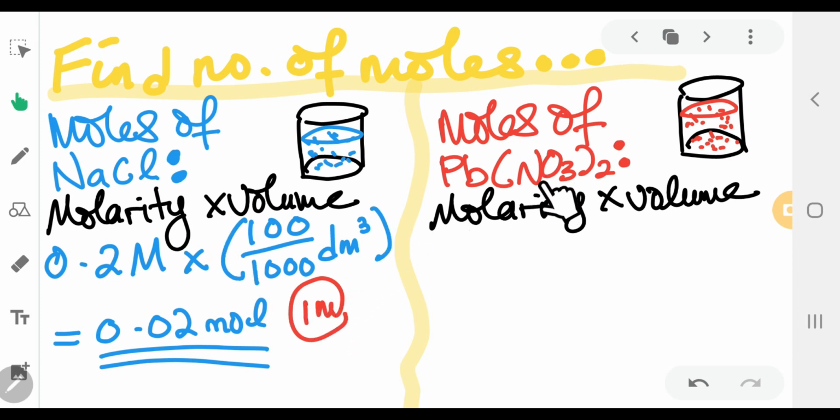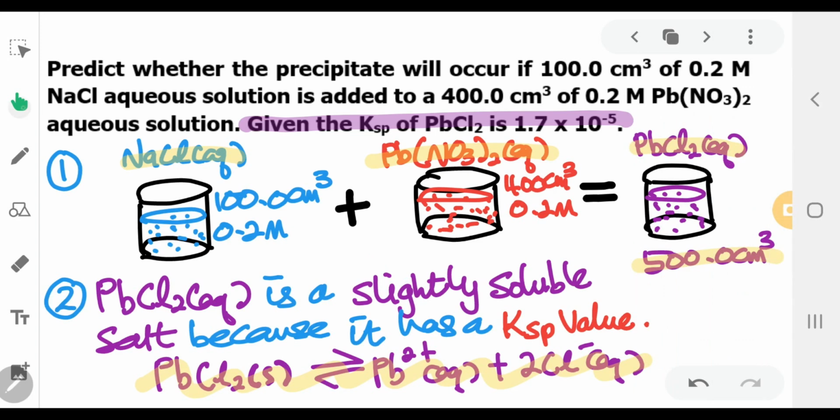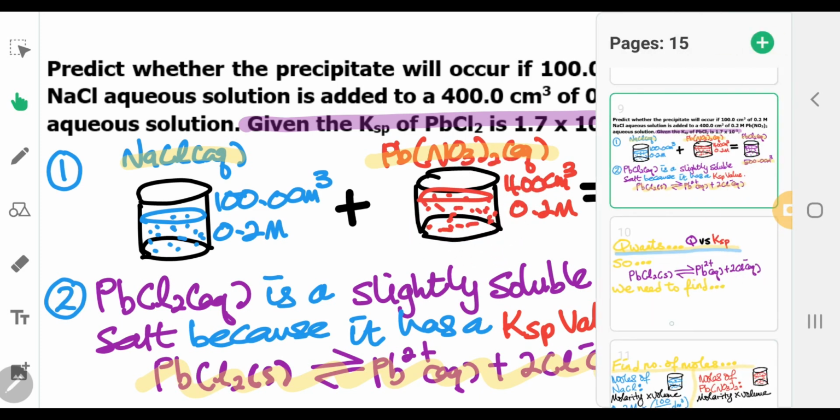So how much Pb(NO3)2 is involved? The molarity and volume of the lead nitrate is given. So you have the molarity 0.2 molar and the volume 400 centimeter cubic for the lead nitrate right here, the one in red.